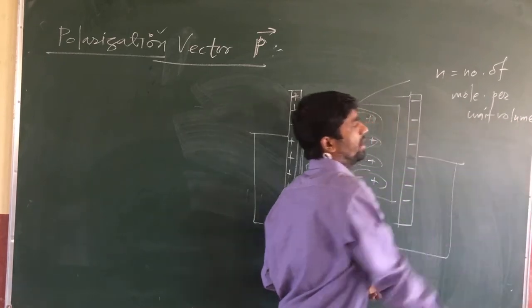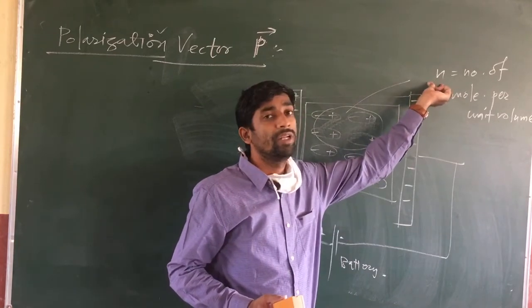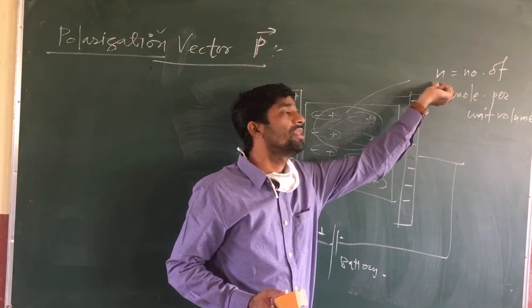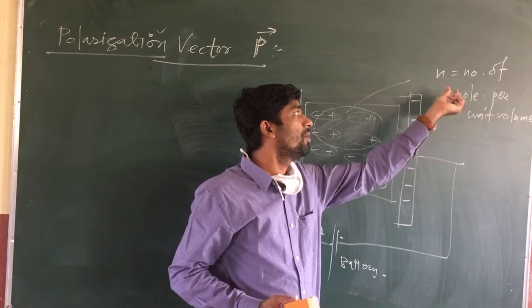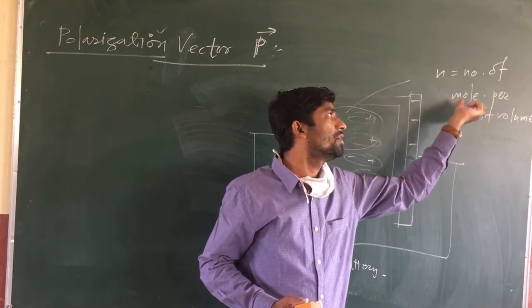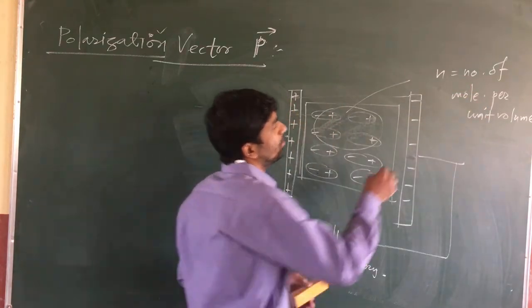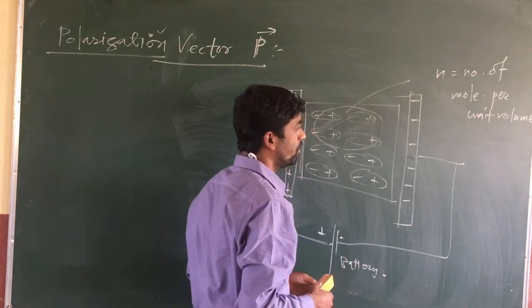If I consider a unit volume of this dielectric material, it consists of N dipoles. You can take them as atoms or molecules. N is the number of molecules per unit volume.